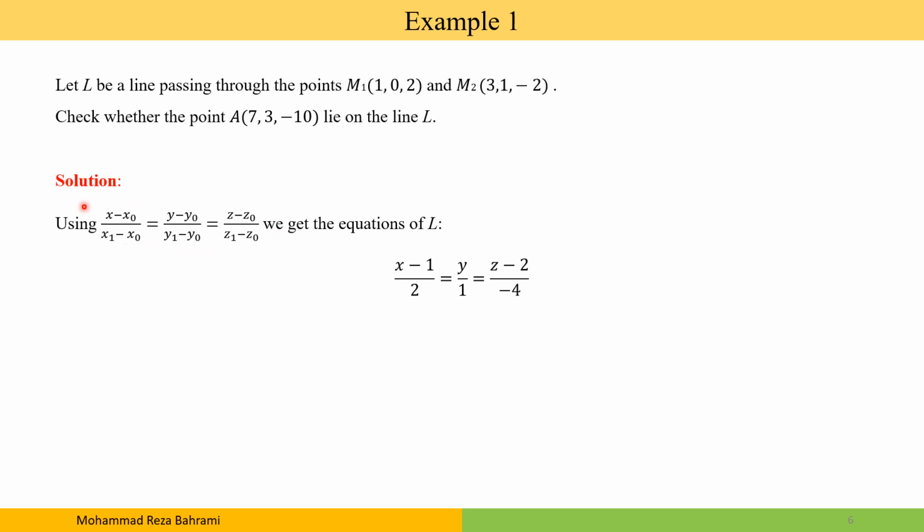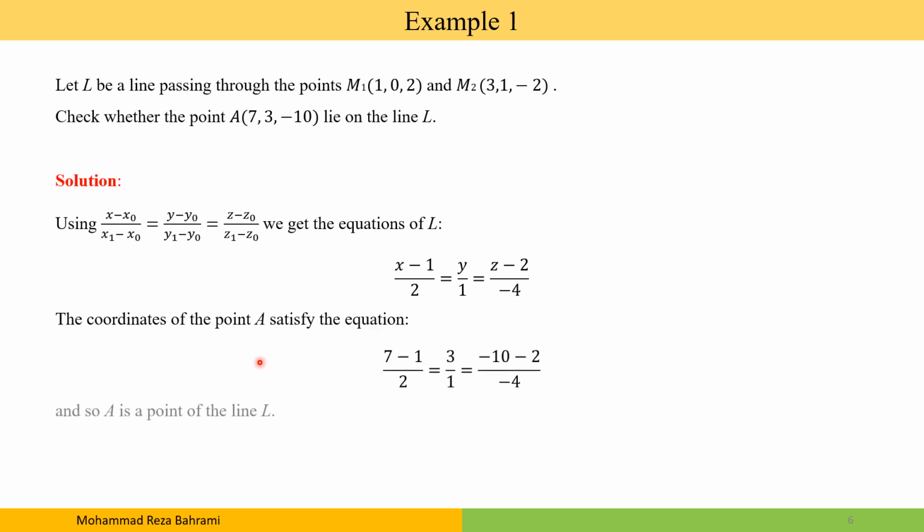From the previous slides we had this equation. So we can substitute these coordinates into the x1 and x0 here, so we can get the equation of line L. The coordinates of point A satisfy the equation, which means that the point A is a point on the line L.